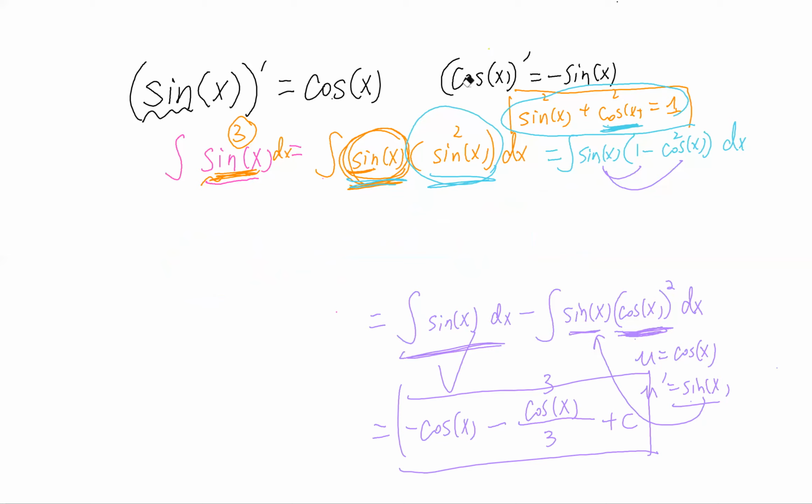If everybody's okay, now let's have a new problem right here. How about I just have sine x and cosine x? Can we use the same idea we just had to solve this problem?